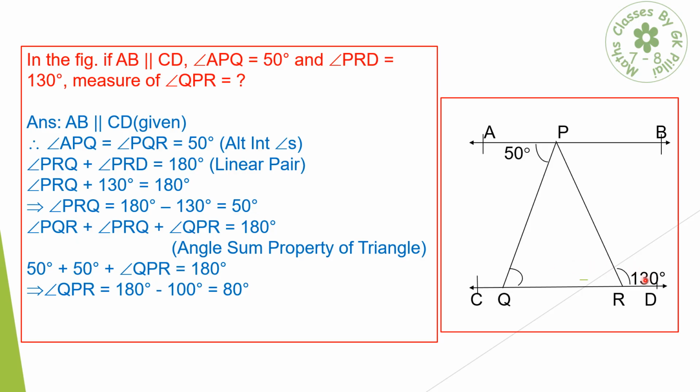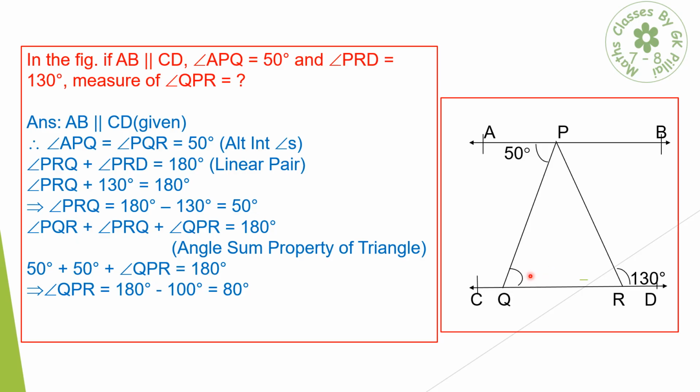Now come to this one. This angle is 130 degrees. This angle plus this angle is 180 degrees, linear pair. If this is 130, this angle will be again 50 degrees. Here, angle PRQ will be equal to 180 minus 130, 50 degrees. Now in this triangle we got two angles.